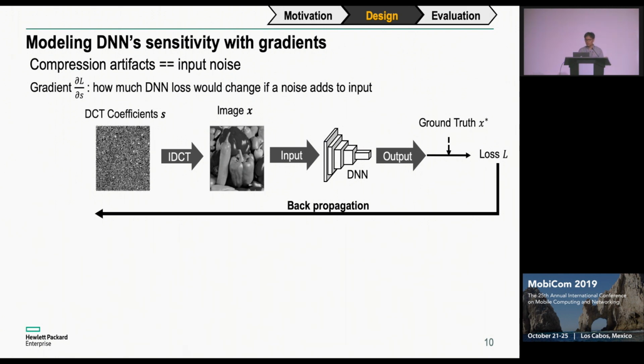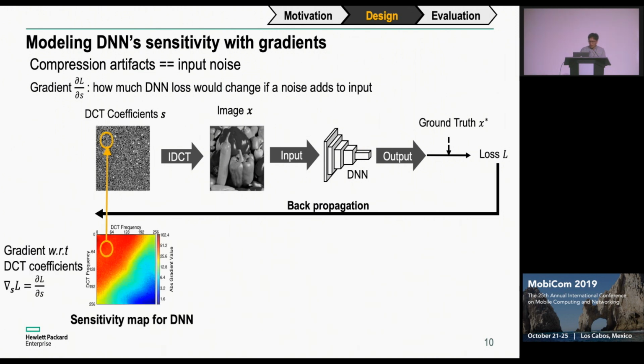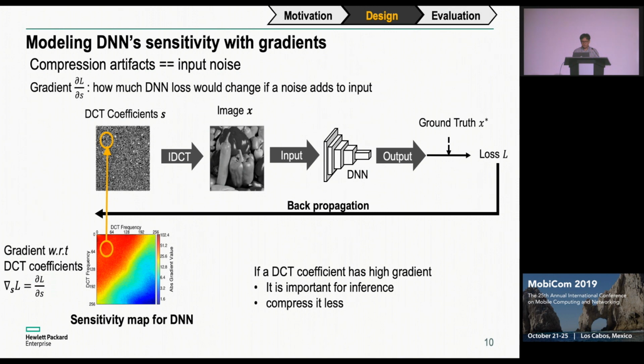Based on this observation, we propose to use a DNN's gradient with respect to the DCT coefficients as an indicator of its perceptual sensitivity. As shown in the bottom left figures, GRACE can estimate a sensitivity map that consists of the gradients with respect to each and every DCT coefficient.